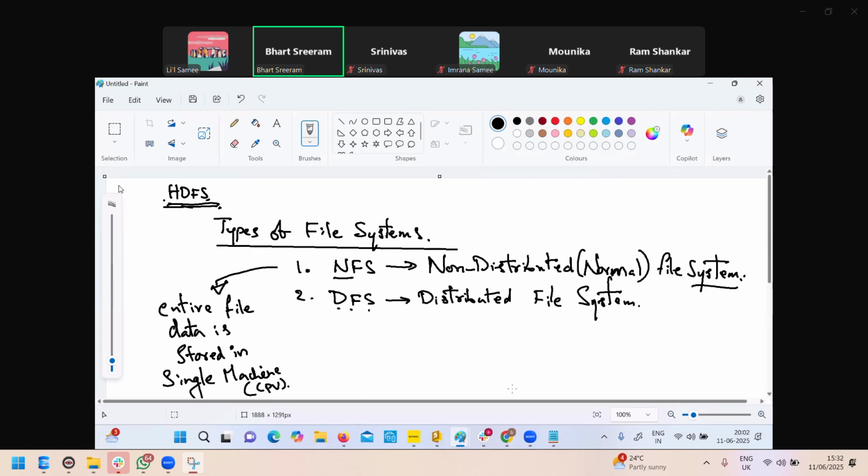But if it is DFS, the behavior is like this: the file is divided into blocks, that is, small chunks.